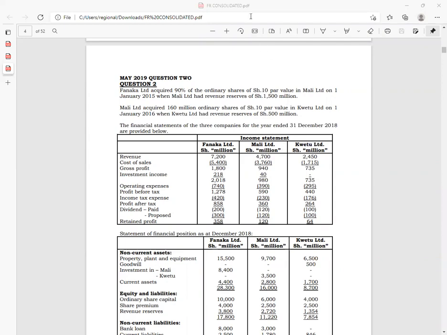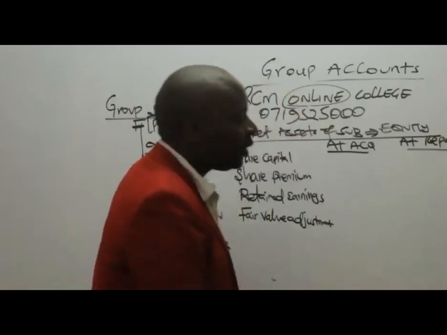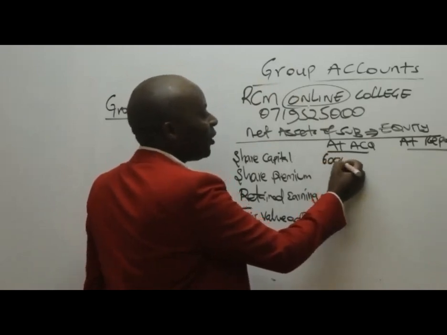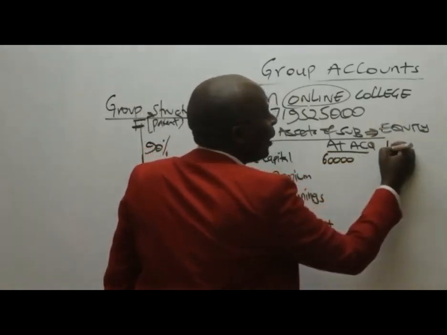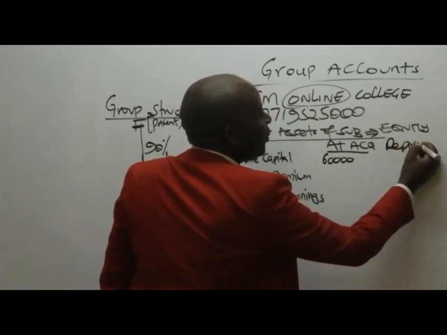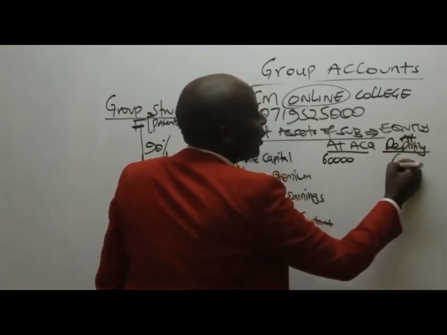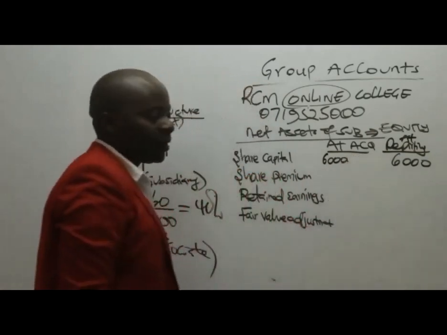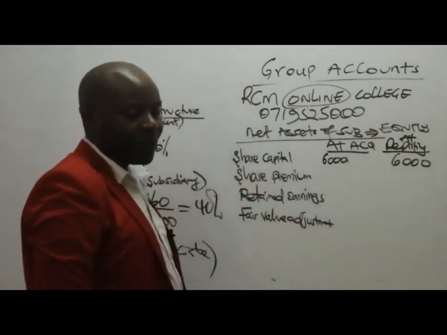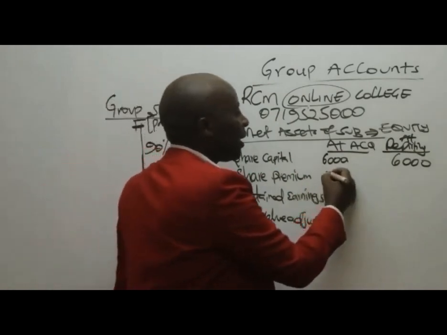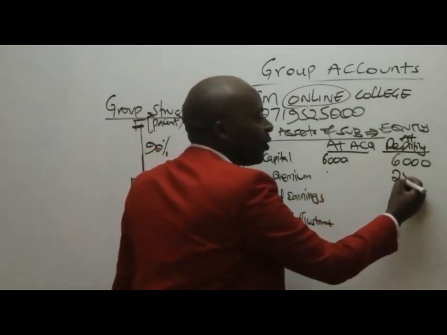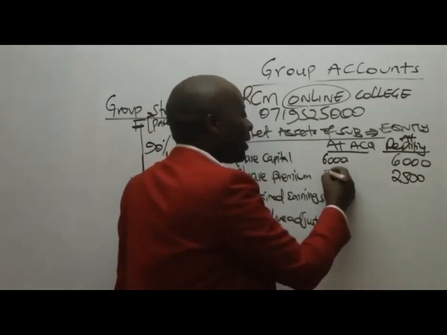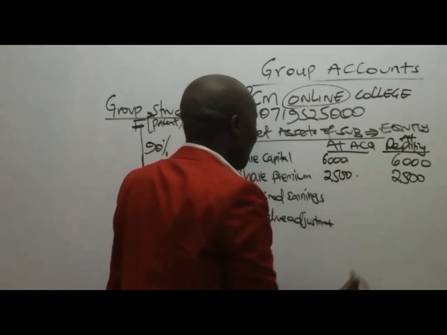Those will not keep fluctuating for the subsidiary. So ordinary share capital at acquisition is 6,000, and the same applies at reporting. The same case with the share premium: the one given in the financial statement is at reporting, 2,500, so automatically the same applies at acquisition.